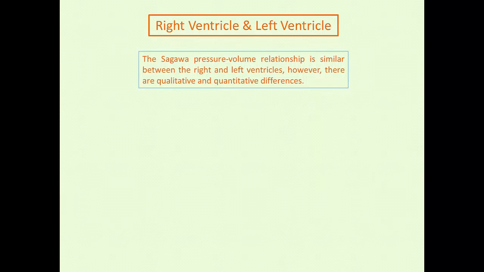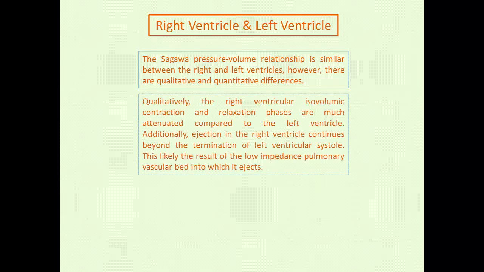So the cartoons that I've just shown you are essentially the pressure-volume relationships for the left ventricle, and it's similar between the right and left ventricles, but there's certainly qualitative and definitely quantitative differences between the two.